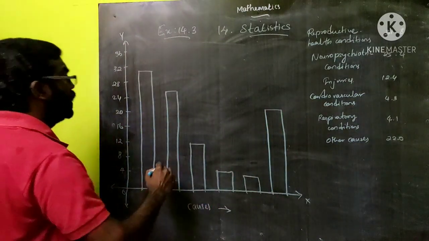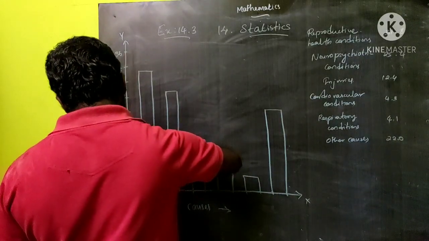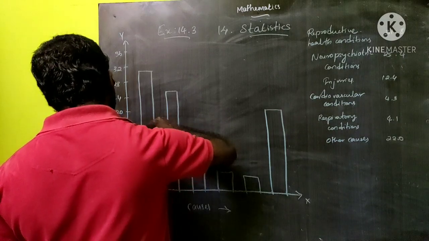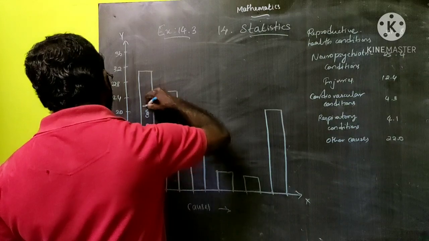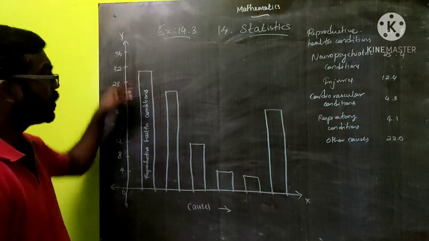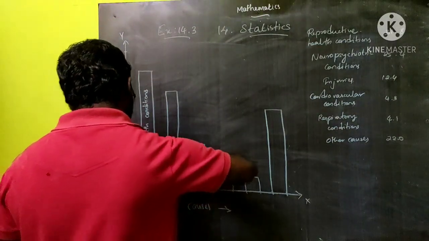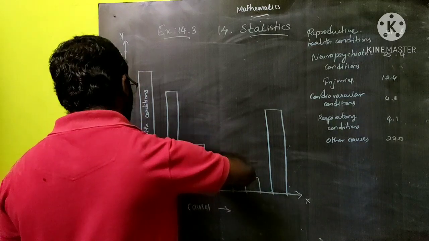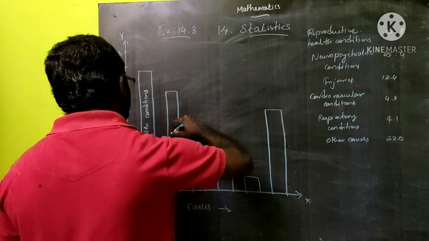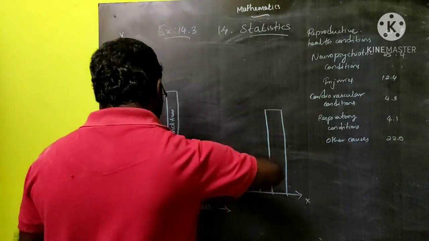Okay, so here we can write reproductive health conditions. You can write it inside the bar or outside the bar, no problem. Next, neuropsychiatric conditions. Next one, injuries.